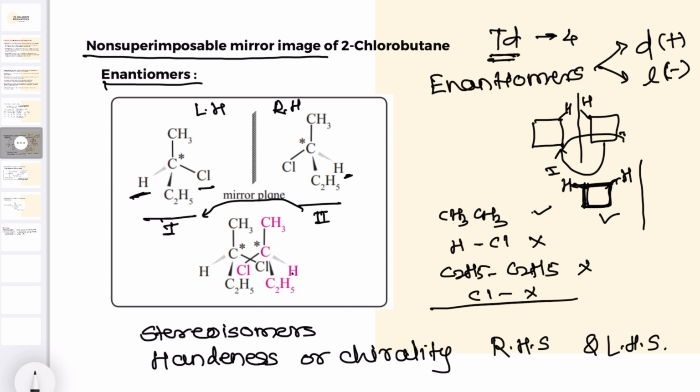The stereoisomerism in which isomers have a different spatial arrangement of groups or atoms around a chiral carbon atom is called optical isomerism.